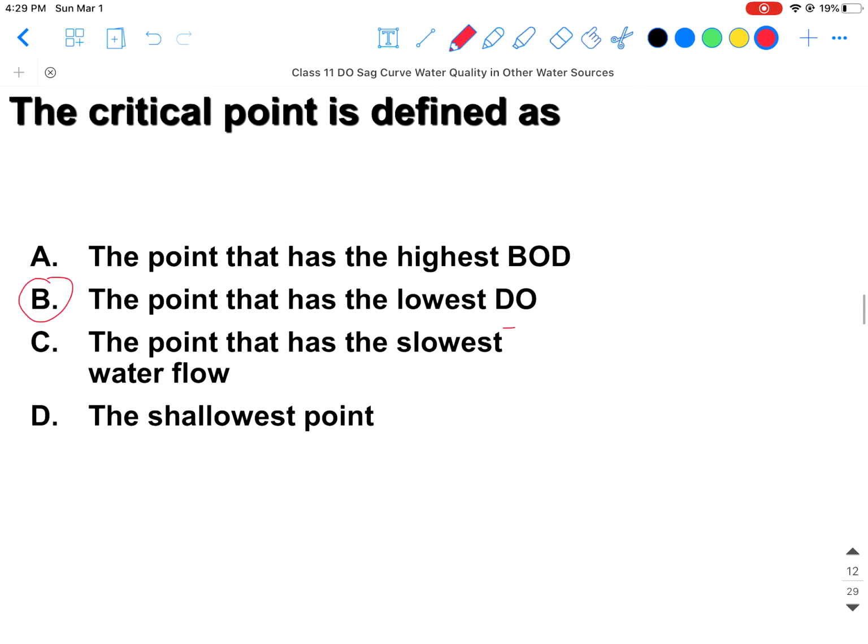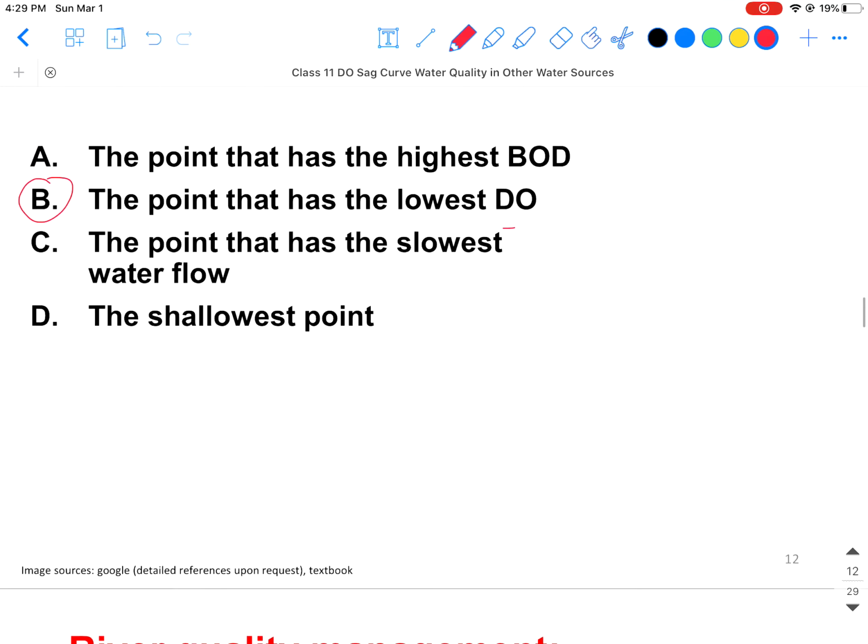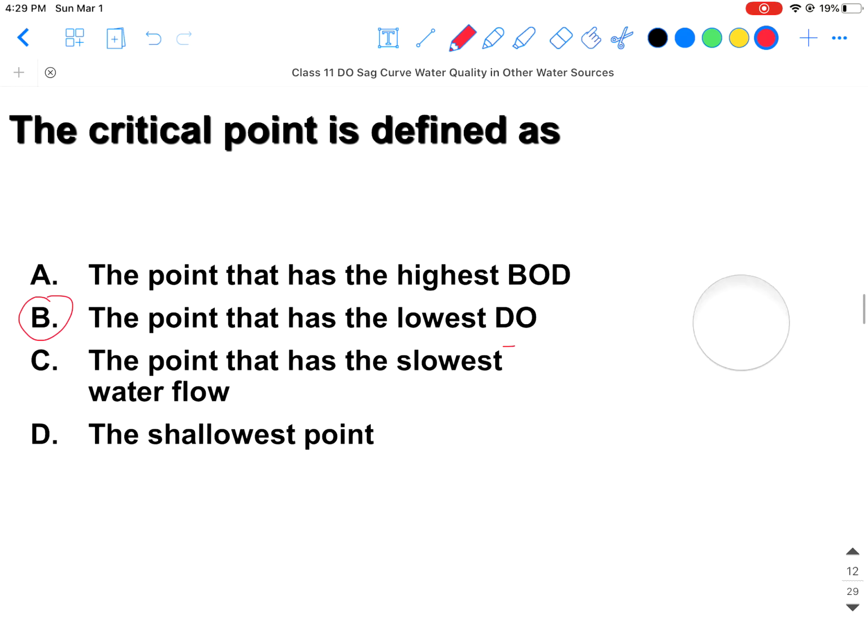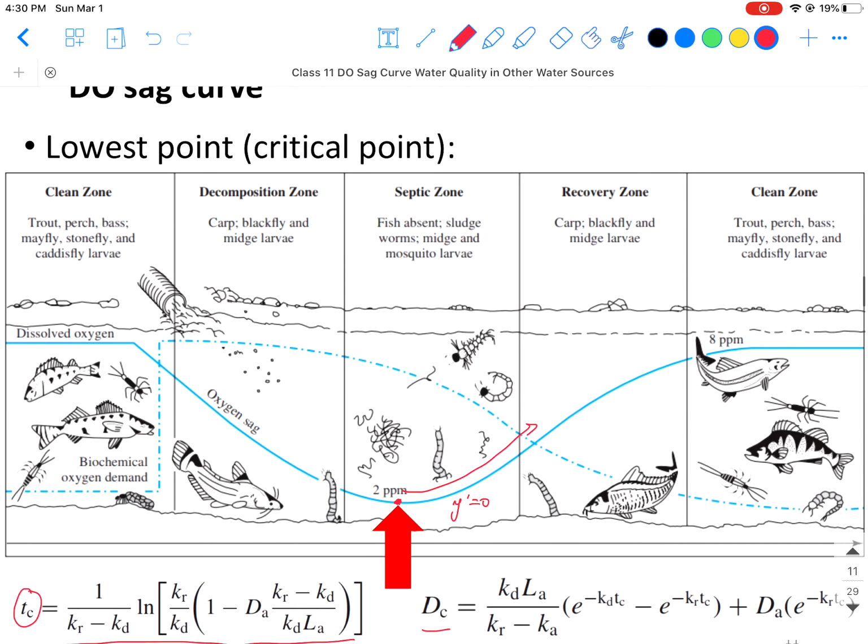So lowest dissolved oxygen. And this is also the reason why when we talk about water quality management, we don't want to look at what is being emitted here. Although this is also very important, we basically want to look at this lowest point.